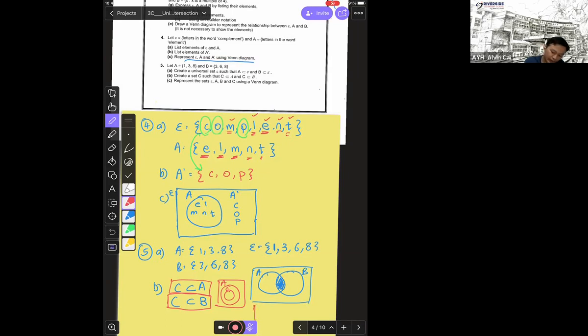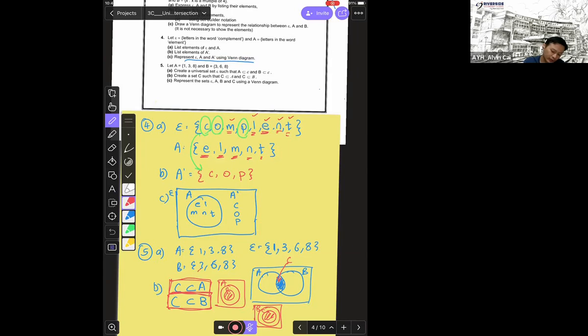And at the same time, if we have B, C must also be inside B. So that's what they're trying to say. And they must satisfy both. C must be smaller than B, and C must be smaller than A. So C must be inside the overlap of B and A.